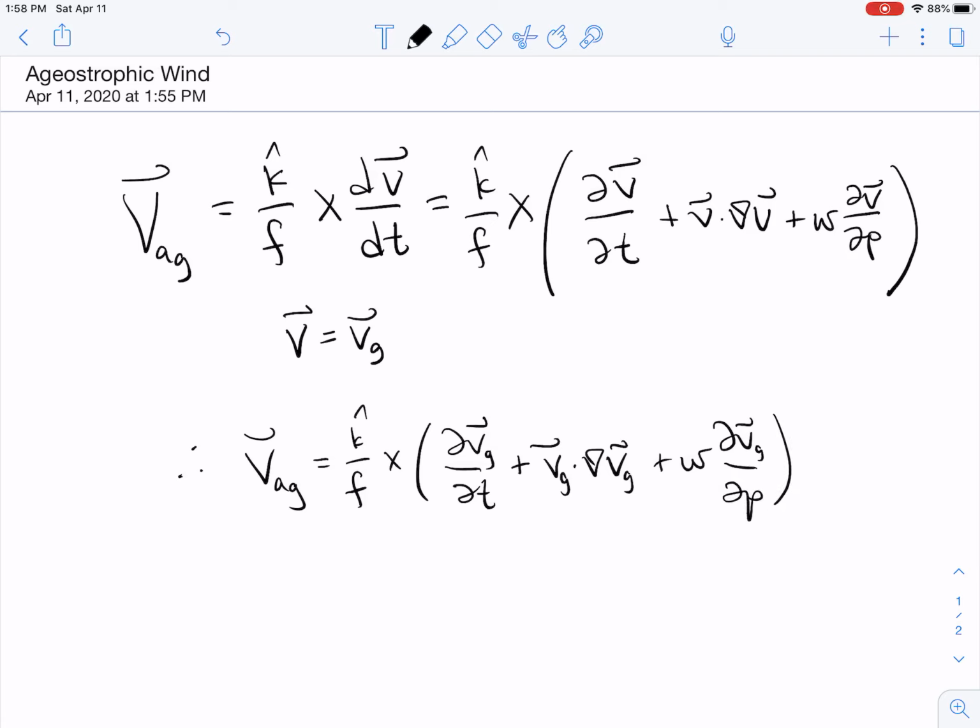And so it turns out that these three different parts combine to form the ageostrophic wind.